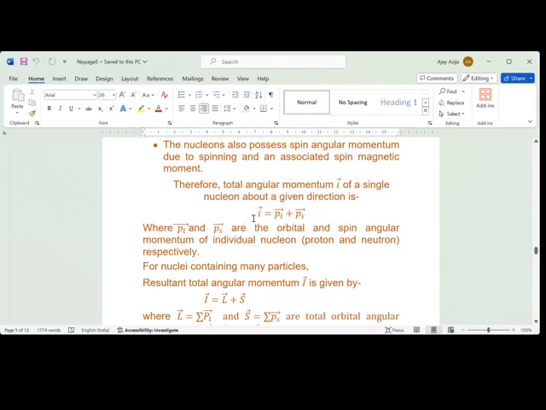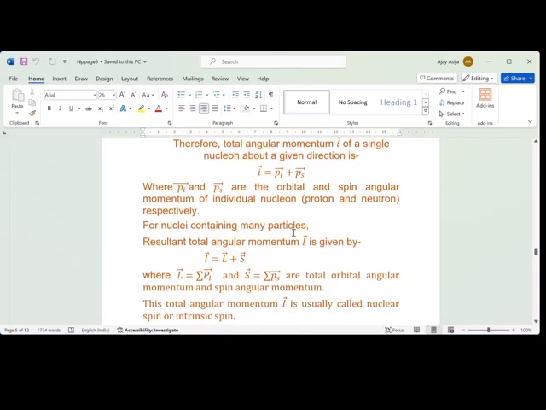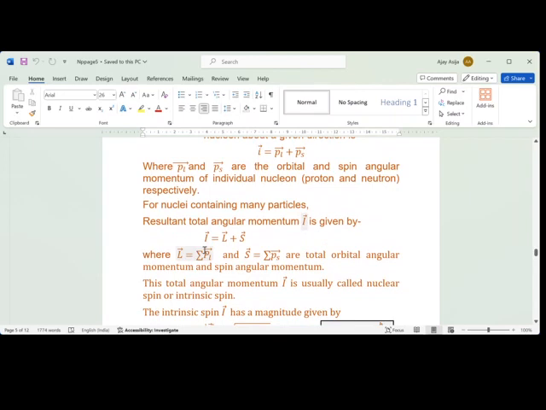So this is the equation for a single nucleon. For nuclei containing many particles, the resultant total angular momentum I is given by I equal to L vector plus S vector. L vector is the summation of PL, the total orbital angular momentum, and S vector is the summation of PS, the total spin angular momentum.